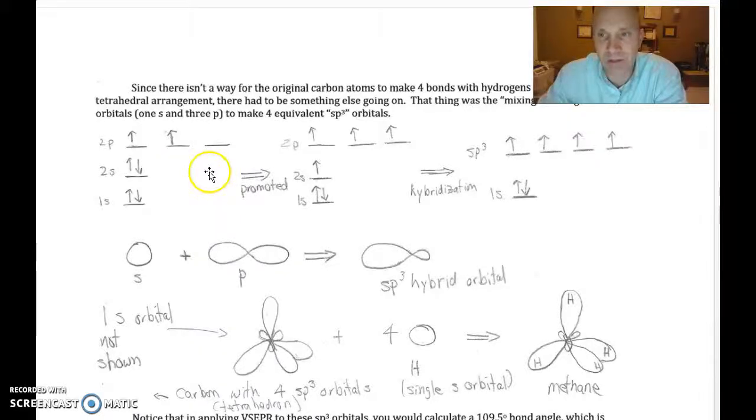It's almost like we're talking as if we had a bottle of neutral carbon atoms laying around, which doesn't really exist. We're doing this little mental exercise to explain how the hybrid orbitals work. Keep in mind that this actual process doesn't occur when these molecules are formed.